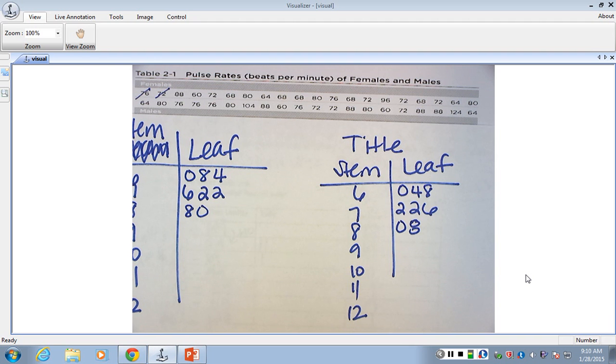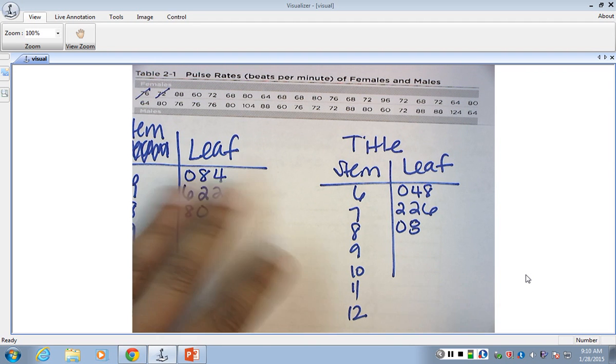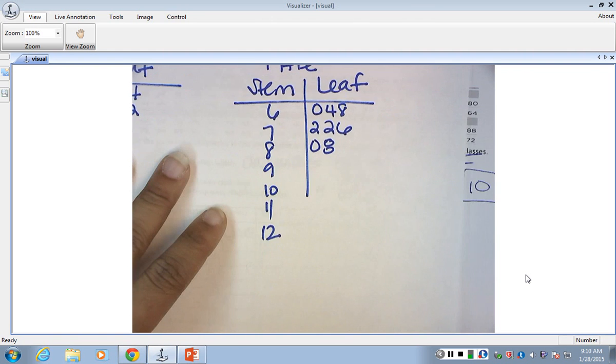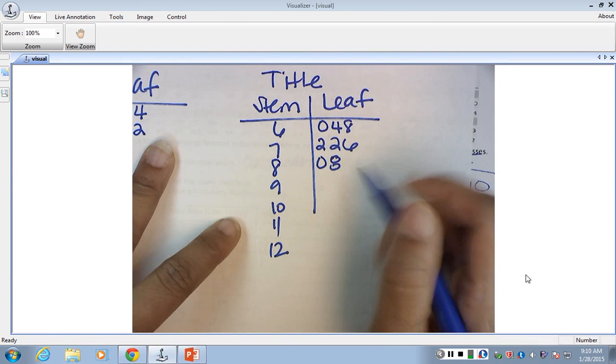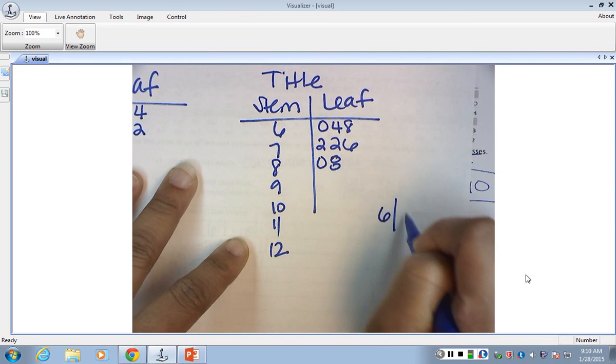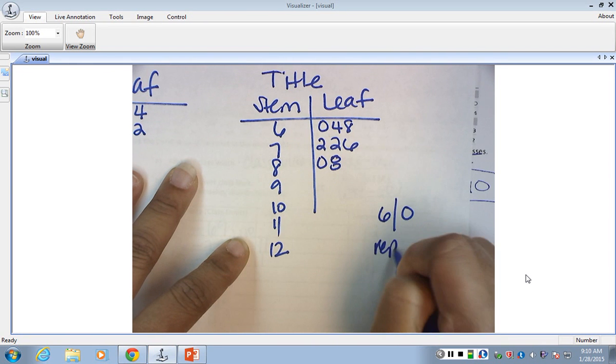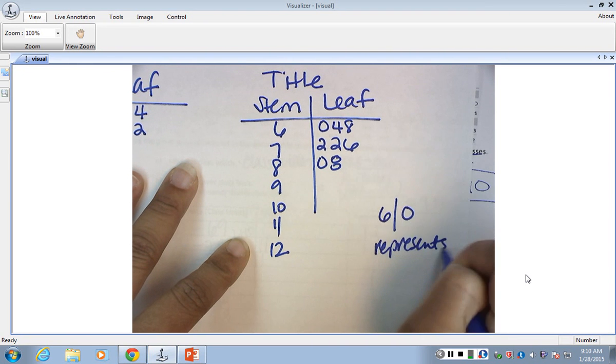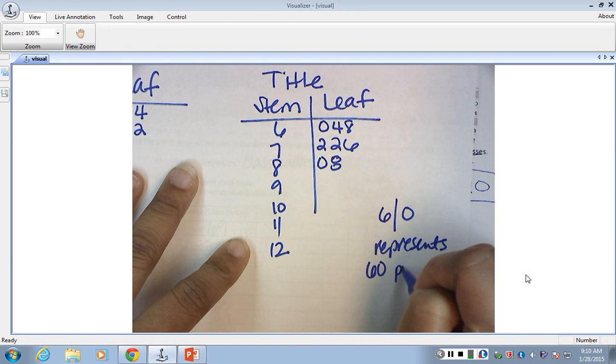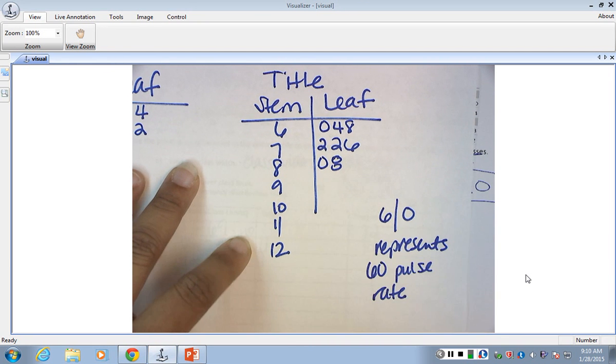Now, the last thing that you need, because the regular person on the street will be like, what is that? I have no idea. This is the only graph that you need a legend. So make a note, okay? So when you do this graph, you need to have a legend. What do I mean by that? So literally off to the side, you're going to say that this 6/0 represents a 60 pulse rate.